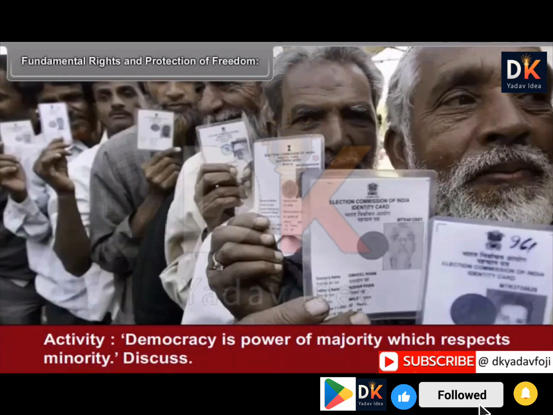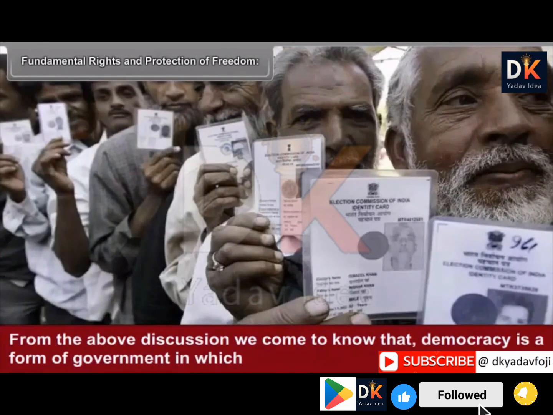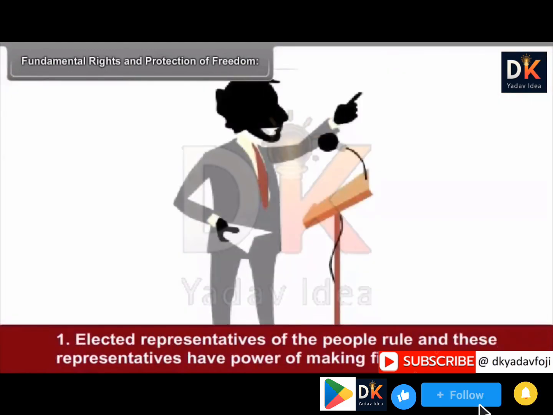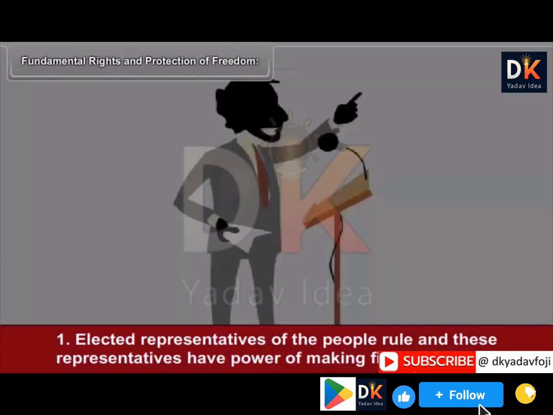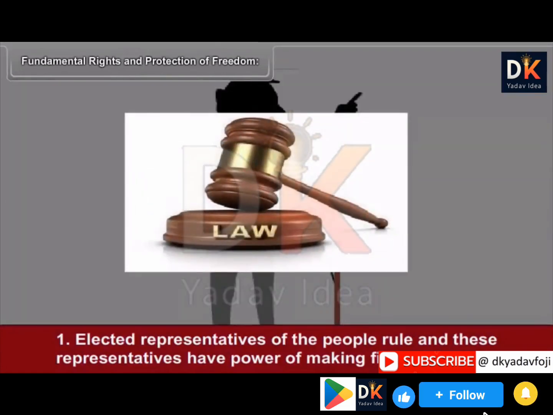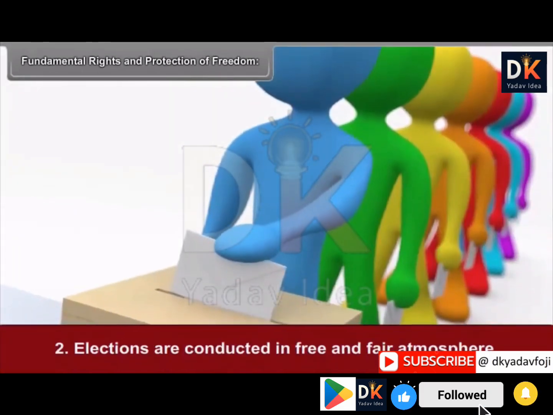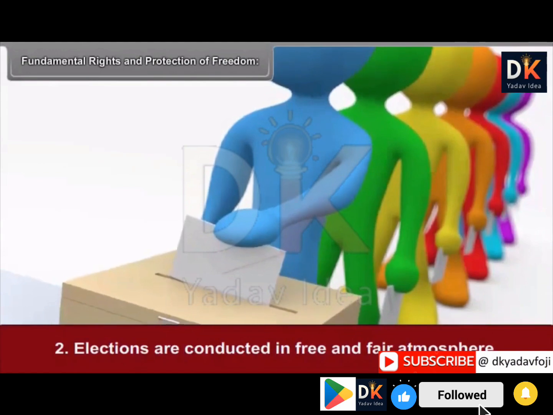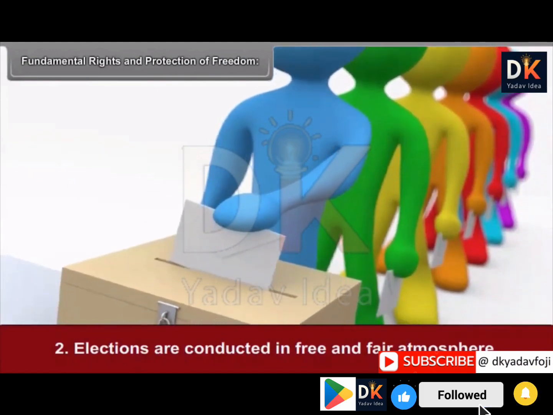From the above discussion, we come to know that democracy is a form of government in which, first, elected representatives of the people rule, and these representatives have the power of making final decisions. Second, elections are conducted in a free and fair atmosphere.